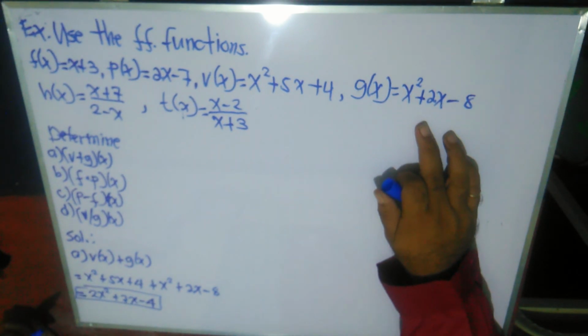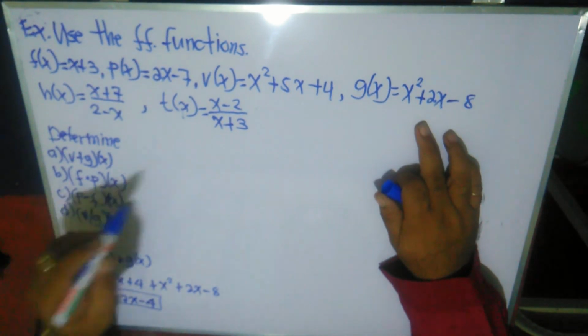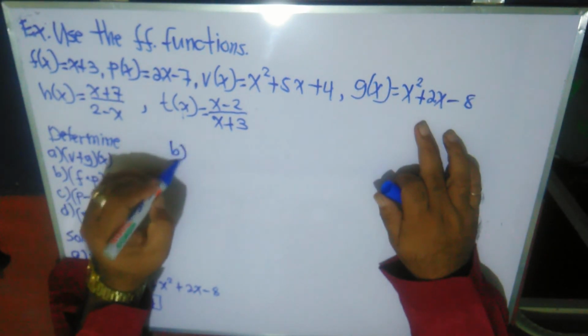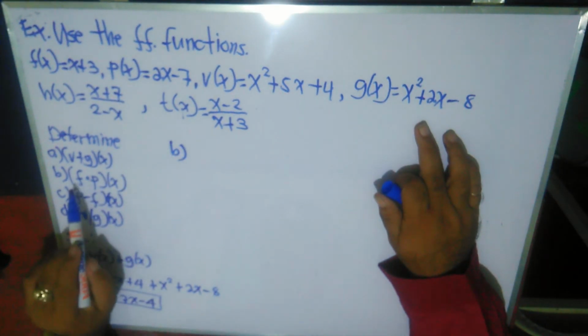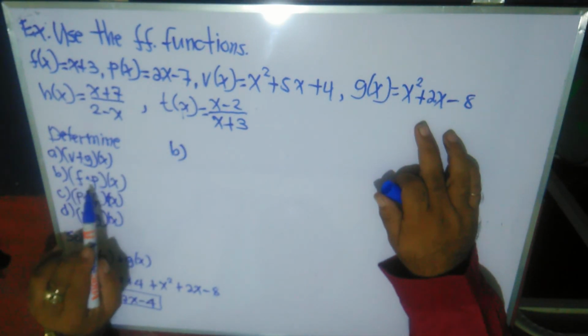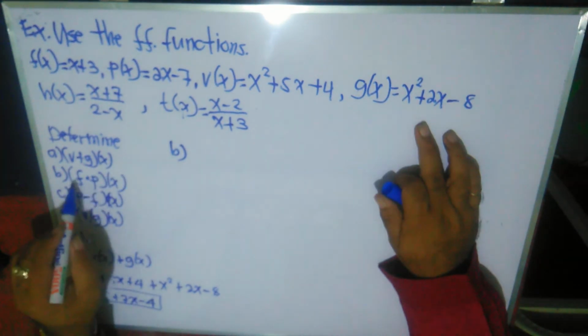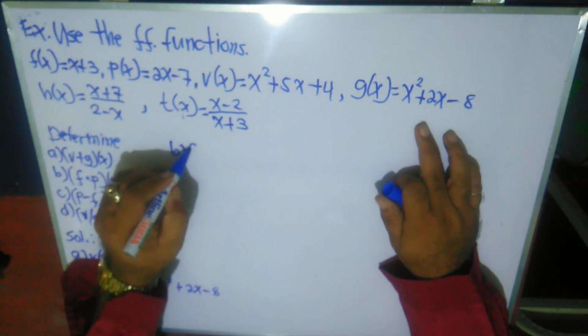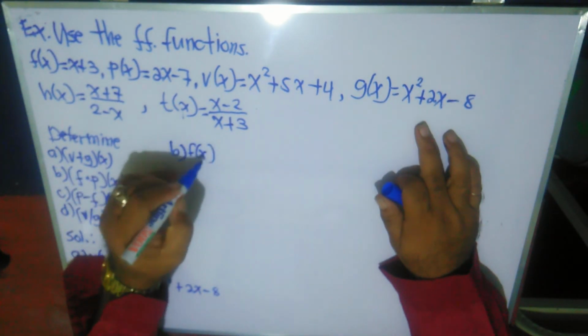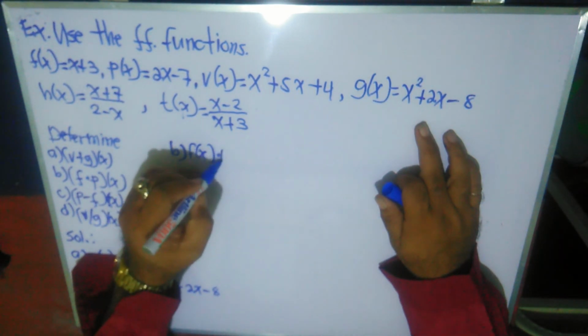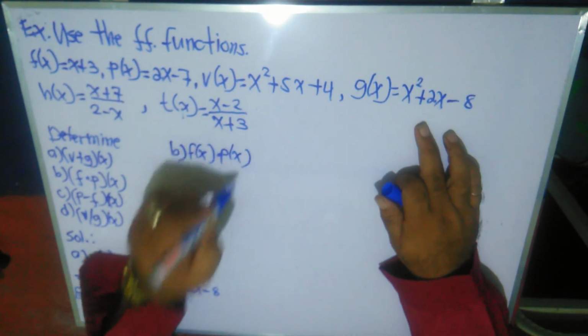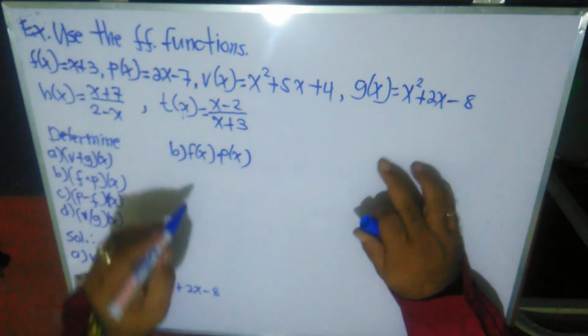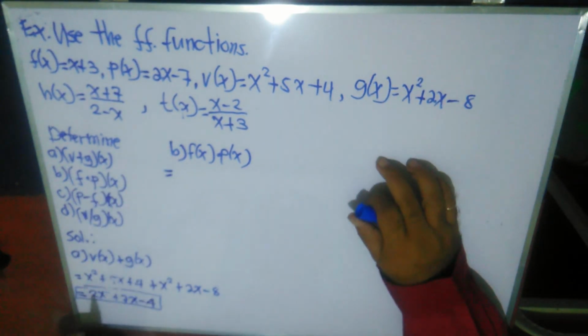In letter A. Okay, next we proceed to letter B, the product of f and p. By definition, it becomes f of x times p of x. Okay, solution.